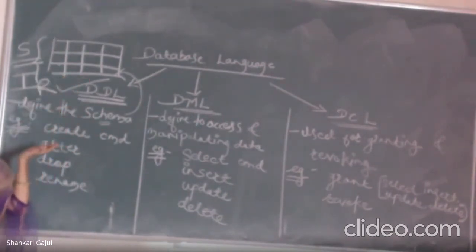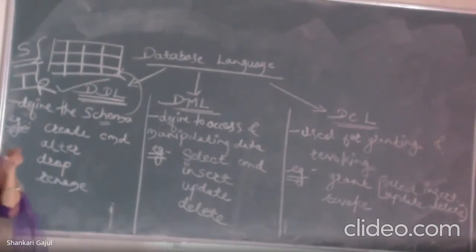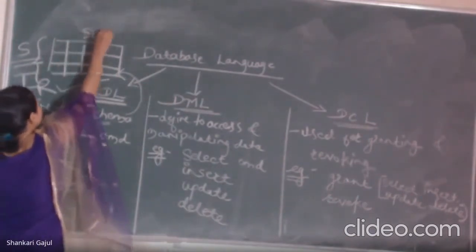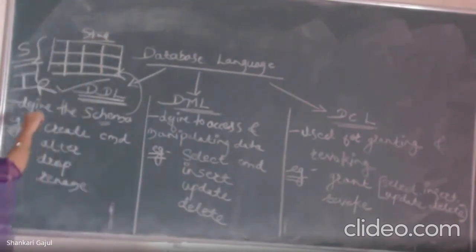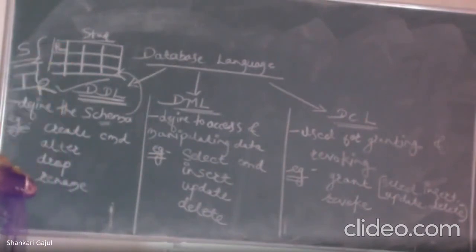In a database language, the table with whatever columns and rows it has is nothing but the schema, which we also call the relation. Consider this is my student table. The student table consists of a number of rows and columns. Suppose this is the roll number of the student, and this is the name of the student.